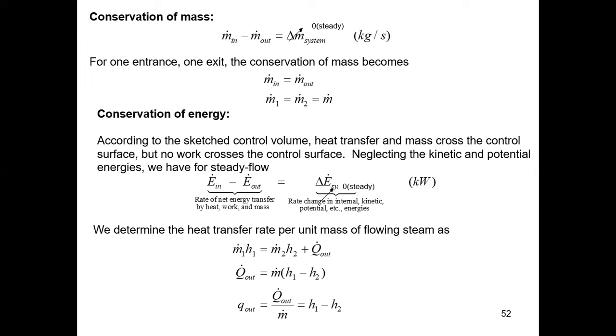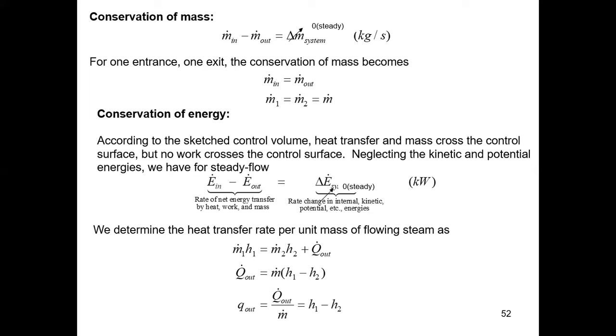We know enthalpy coming in, so we can write the energy going out as m2 dot h2 plus Q out, from which we can calculate the heat out, Q dot out, which is m dot times h1.